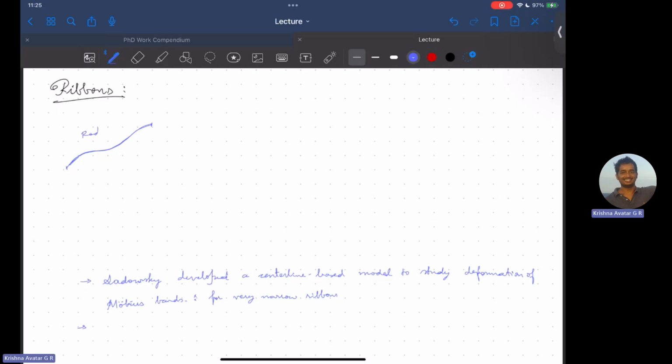There is a rod, and on the other hand, we have the plate-like structures, plates or shell-like structures.